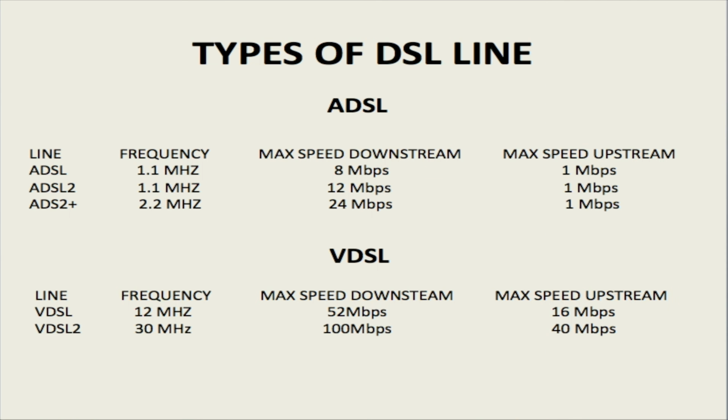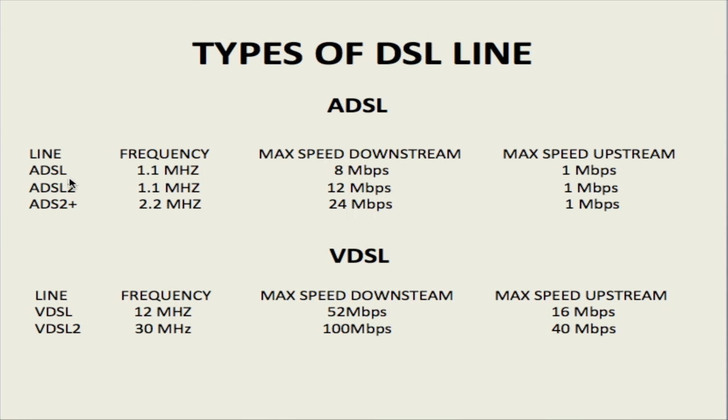Now here we're going to be talking about the different types of DSL lines. First we have ADSL, which stands for Asymmetric Digital Subscriber Line. Here we have 3 types of ADSL lines: ADSL, ADSL2, and ADSL2 Plus.